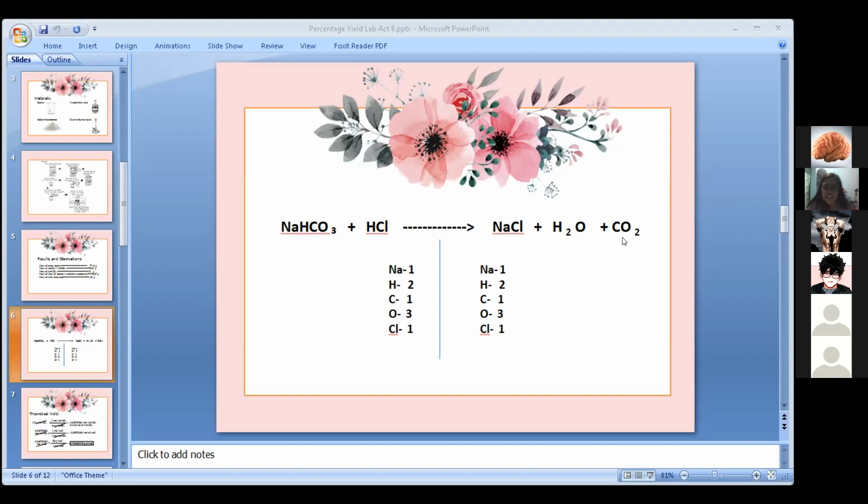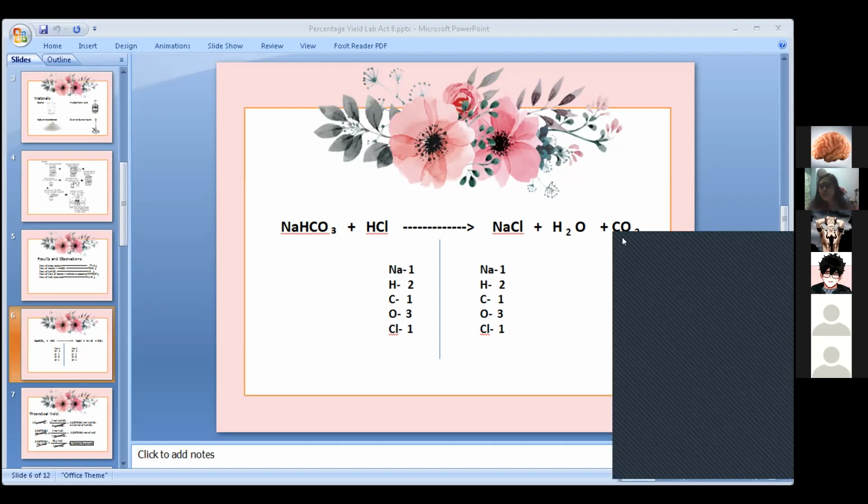So this is still an application of stoichiometry. You still need here the conversion of moles to grams and grams to moles. And you also need the pattern for the stoichiometric calculation for your theoretical yield. Always remember the theoretical yield is computed using stoichiometric calculations.